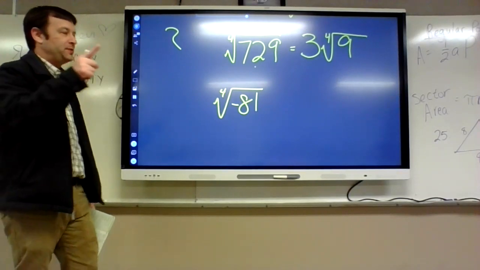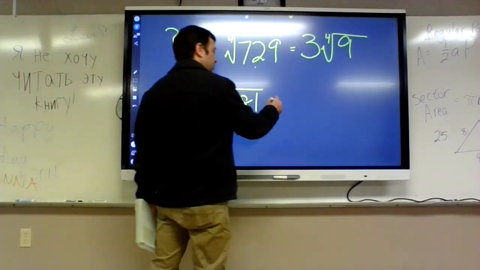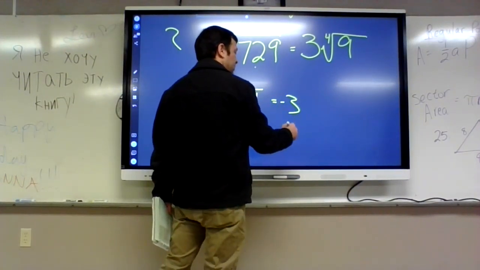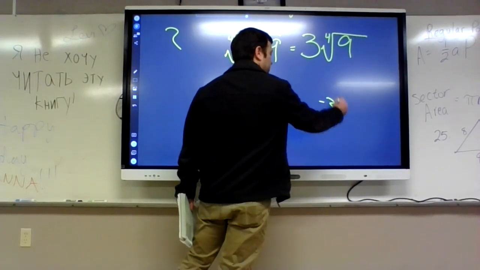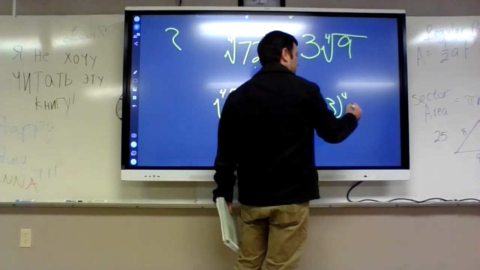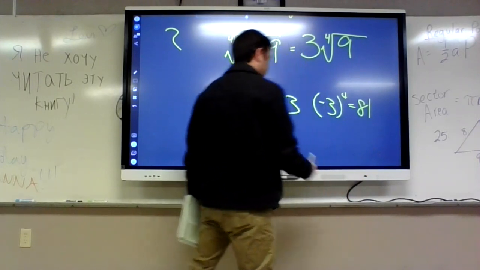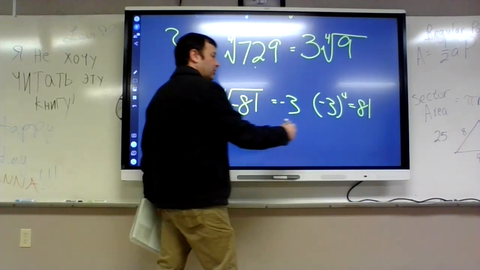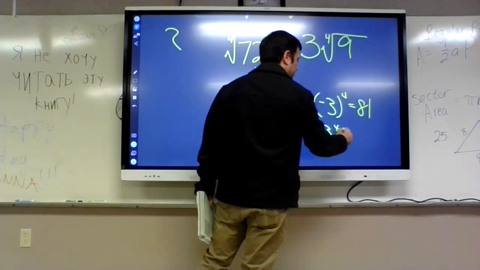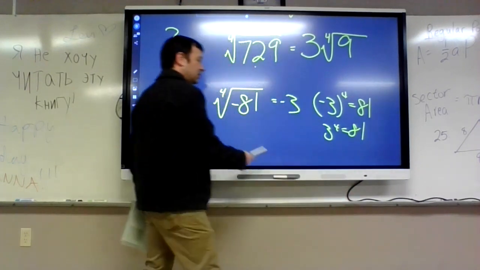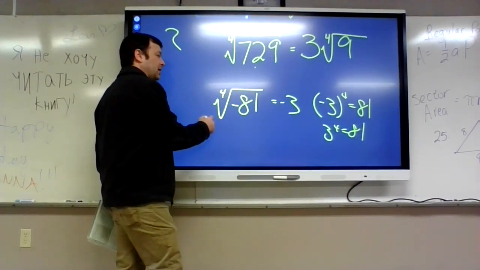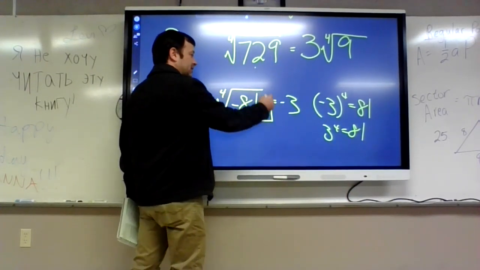Let's say the answer was negative 3. But what's negative 3 to the fourth? Positive 81, not negative. Or what's positive 3 to the fourth? It's also 81, not negative. So this is not a real thing.